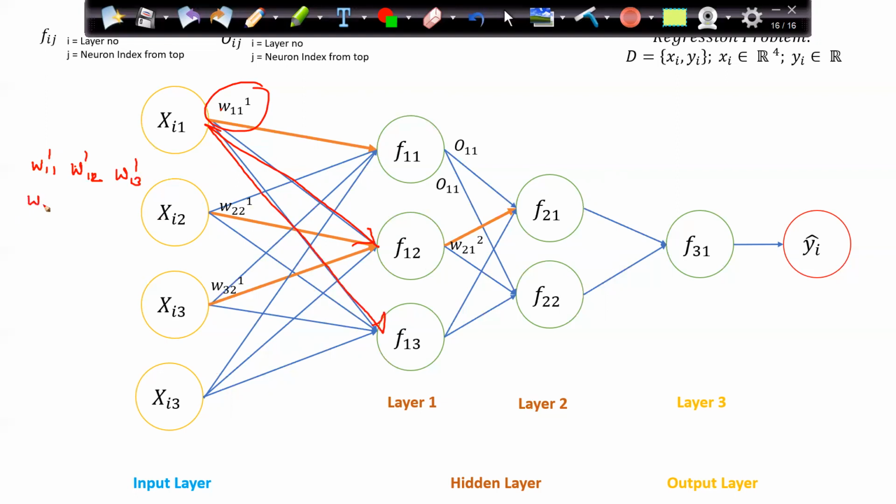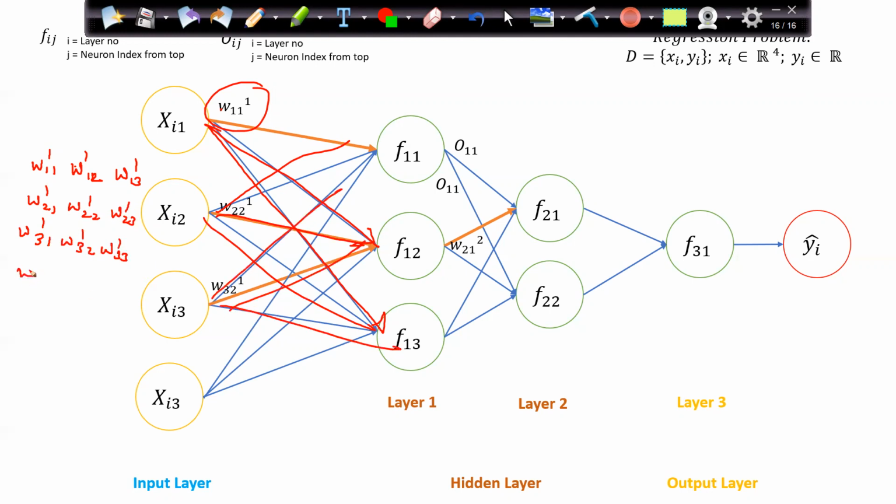Then I have W211, W221, W231, which is this and this. Same way I have W311, W321, W331, which is nothing but this and this.